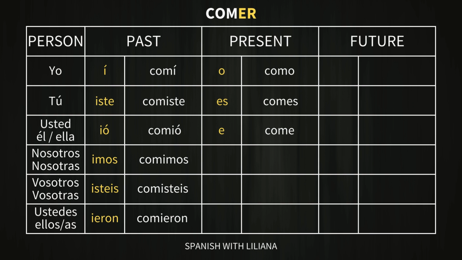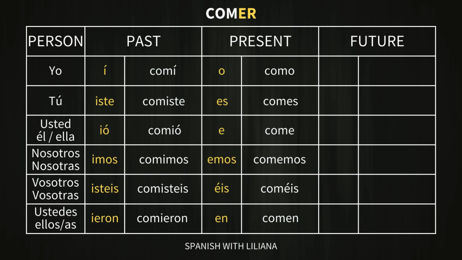For nosotros, nosotras, we'll replace ER with emos, and so the full verb becomes comemos. For vosotros, vosotras, we'll change it to éis, so the full verb becomes coméis.